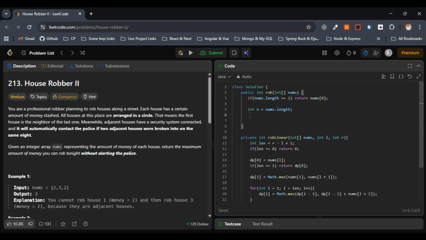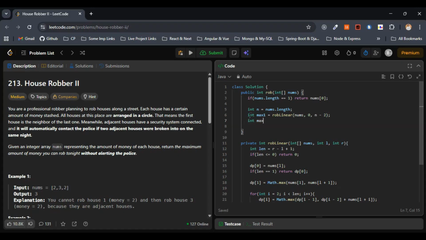I'll just go with max1 equals robLinear of nums comma 0 comma n minus 2. And max2 equals robLinear of nums comma 1 comma n minus 1.